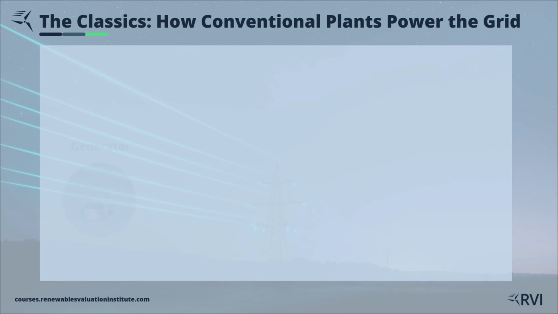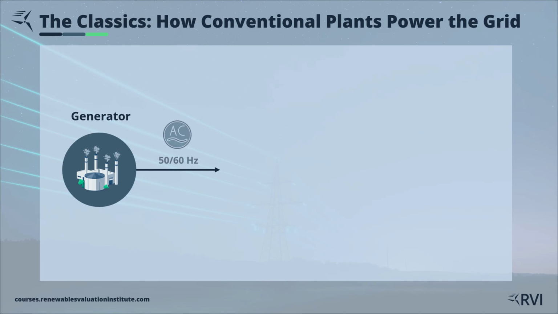Next, let's look at how conventional power plants feed electricity into the grid. Gas, coal, nuclear, or hydro plants spin a generator that produces AC power directly, already locked to 50 or 60 Hz. Because the generator itself rotates in sync with the grid, no inverter or power conversion system is needed. The voltage leaving the plant is already high, typically between 10 and 25 kilovolts.